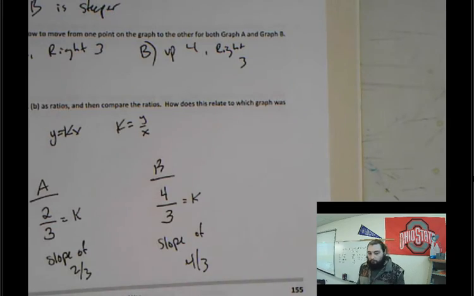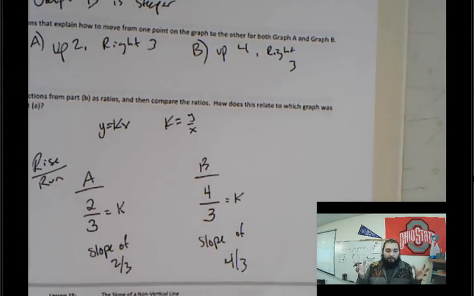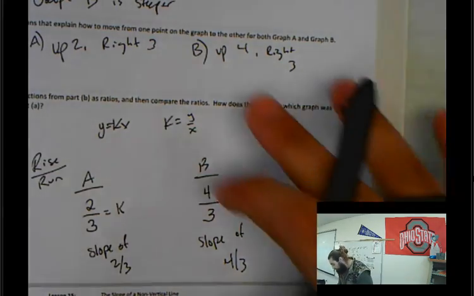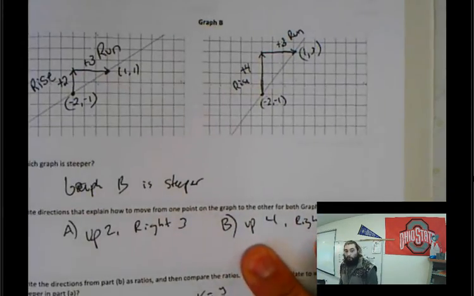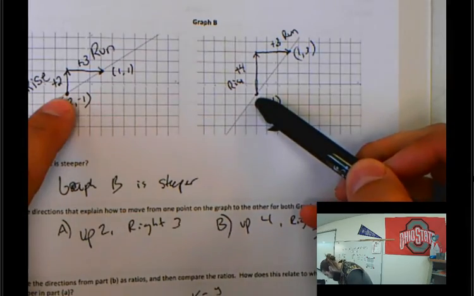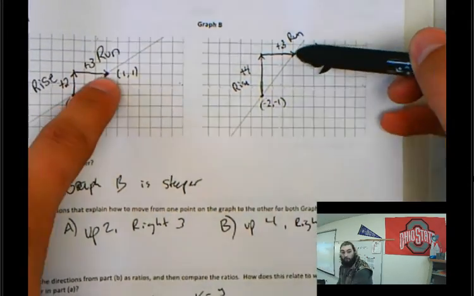And so when we have these two things, we are comparing their slopes. We said that graph B is steeper, and now we have clear evidence. We have something called the slope, their constant proportionality, their comparison of the same kind of value. We're comparing how we get from one point on our coordinate plane to how we get to somewhere else on our line.